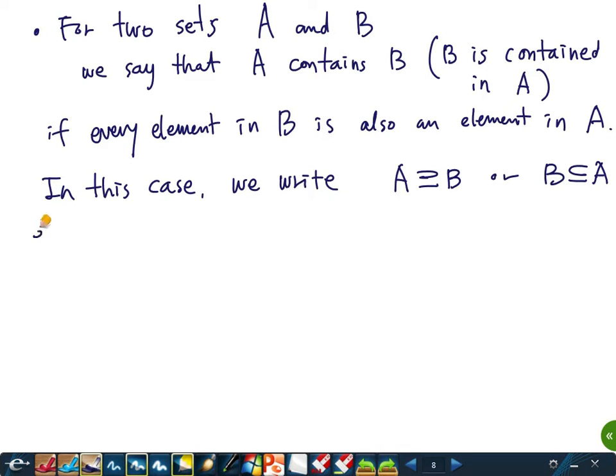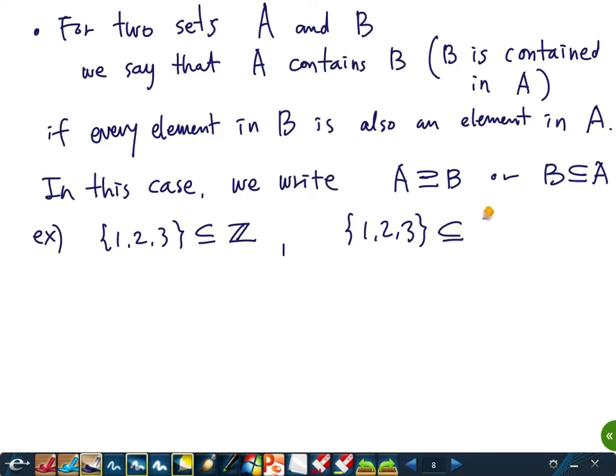So, example, {1, 2, 3} is contained in Z, right? Because these are integers. Everything in here is an element in here. This Z contains this. What about this? Is {1, 2, 3} contained in {-1, -2, 3}?